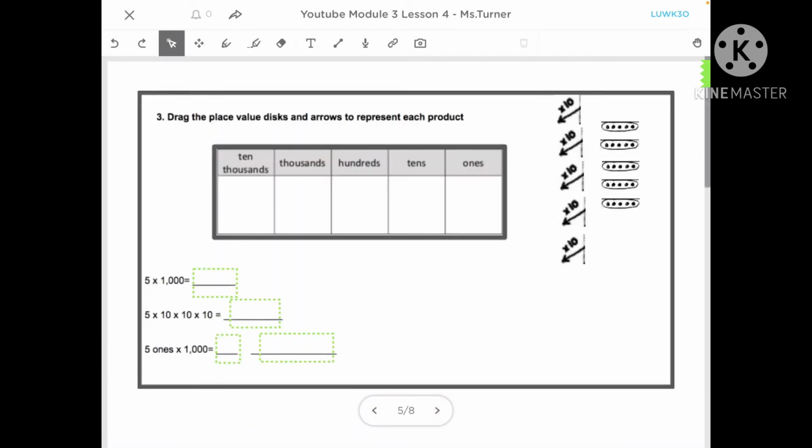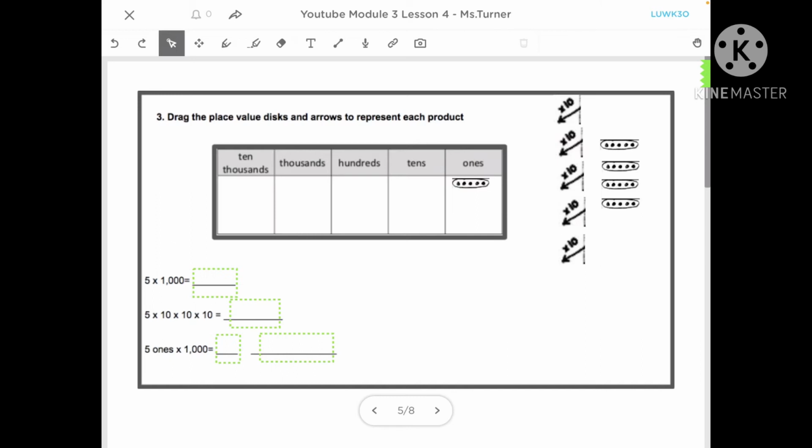Let's try another one. In this problem, we have 5 times 1,000. So I know that I'm going to start in my ones place because I have 5 ones and I'm multiplying by 1,000. So how many times am I going to be moving my 5 ones over, my group of 5 ones? If you said 3, you're absolutely correct.